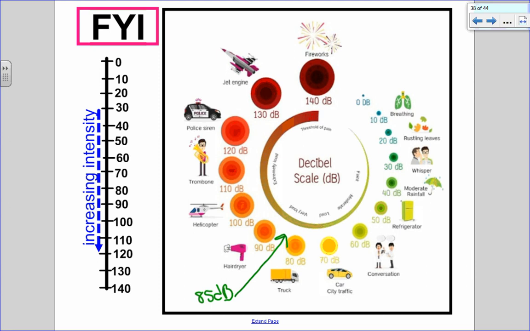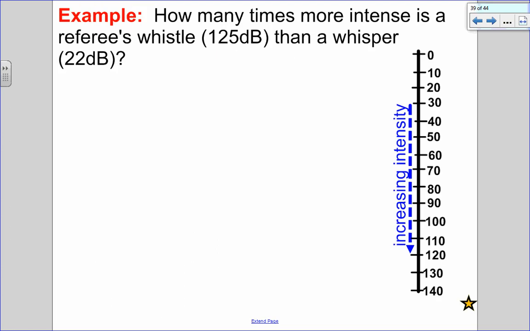Okay, so that's just how decibels work and some of the common ones that are there. Let's try some questions. I have 2 questions that we can try. First question, how many more times intense is a referee's whistle of 125 decibels, so the whistle is right about there, compared to a whisper of 22 decibels?